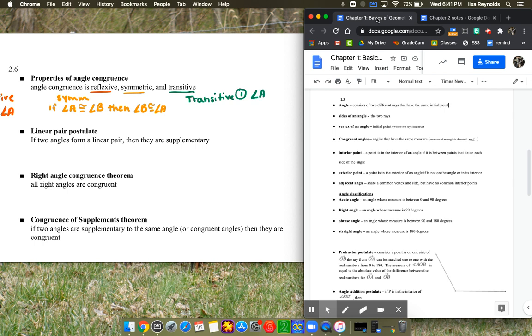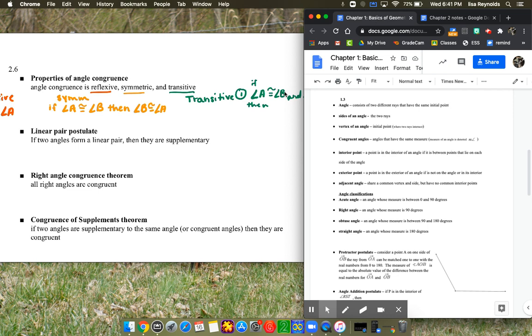So our first angle would be congruent to a second angle, and that second angle would be congruent to a third angle, and then we can create a whole new congruent statement.